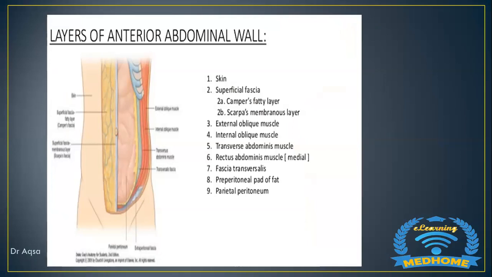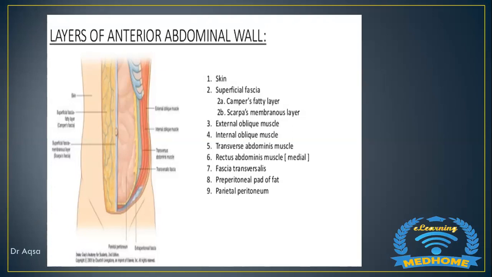And we have studied the muscles of the abdominal wall, that include muscles of the anterior wall, lateral wall, and the posterior wall. In the anterior wall, we studied two main muscles, rectus abdominis and pyramidalis. In the lateral abdominal wall, we have external oblique, internal oblique, and transversus abdominis.